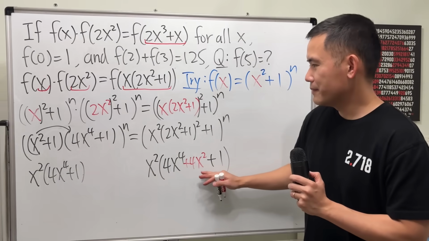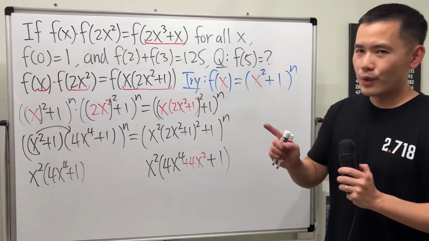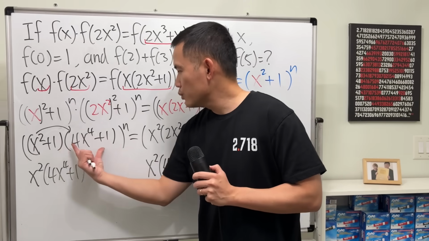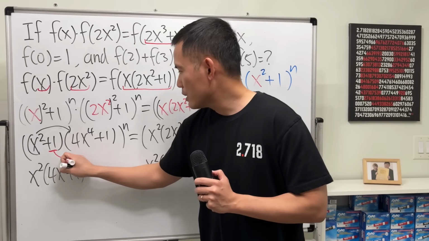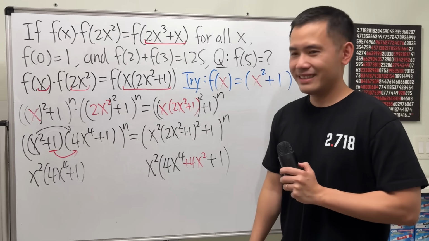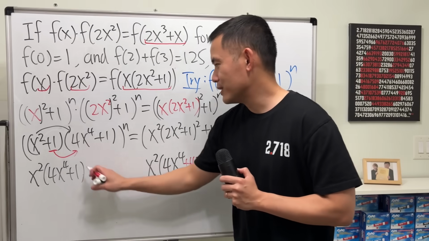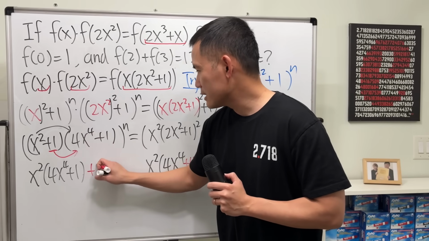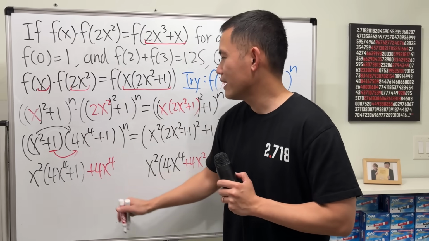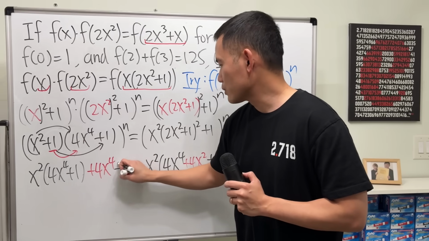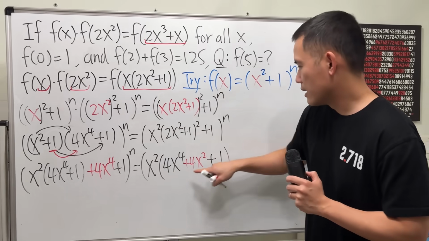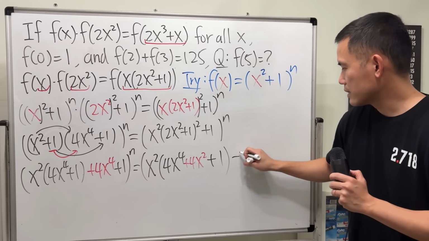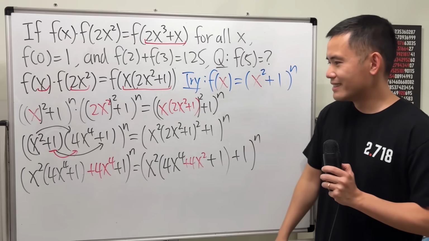So far, they are not the same, but don't worry, because once we take this, multiply with that, we move to the 1, and then we multiply with this. How does that look? It looks really good, because this times that is plus 4x to the 4th power, and then lastly, we have that plus 1, nth power, and then this thing is from here, and then we have the plus 1 raised to the nth power.